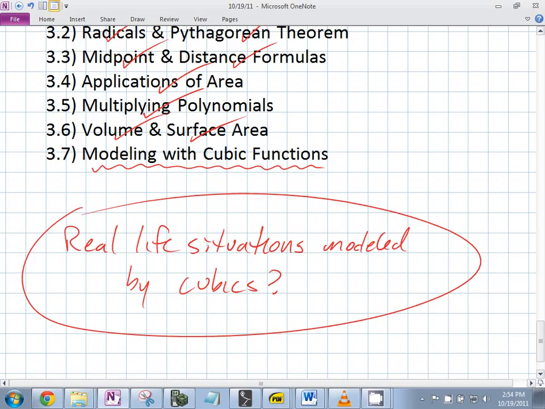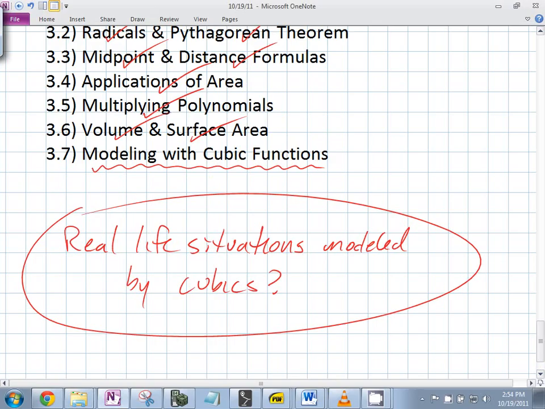And then part 2 of the homework is to bring in a data set, not linear or quadratic, that could accurately be modeled by a cubic. You understand what I'm saying? Yep. That could accurately be modeled by a cubic.